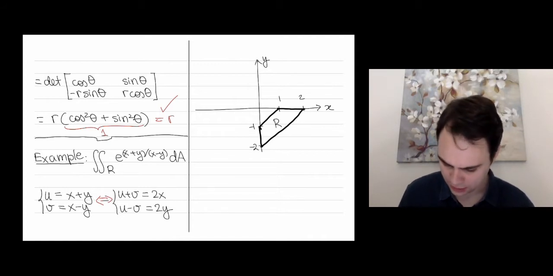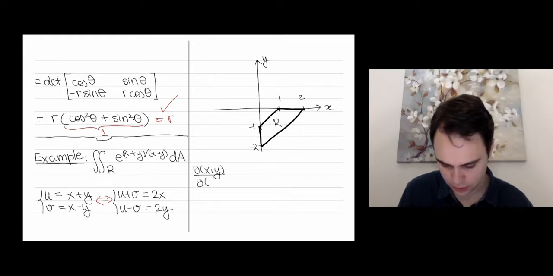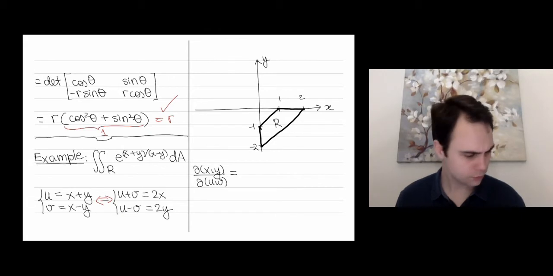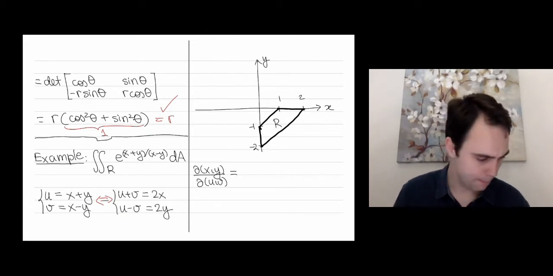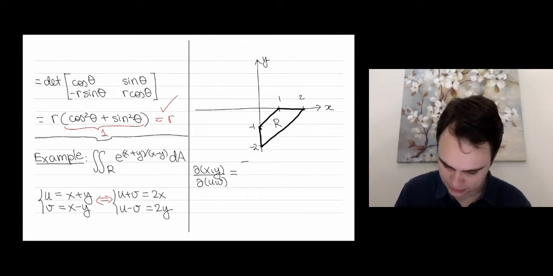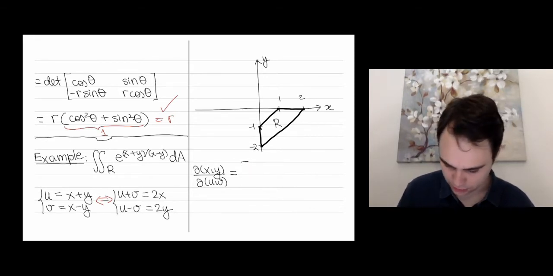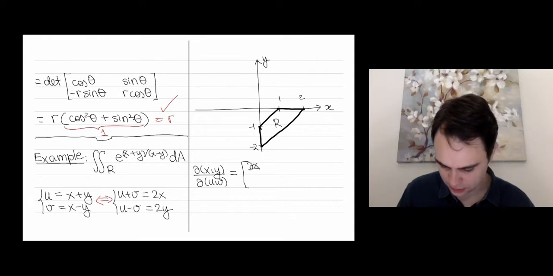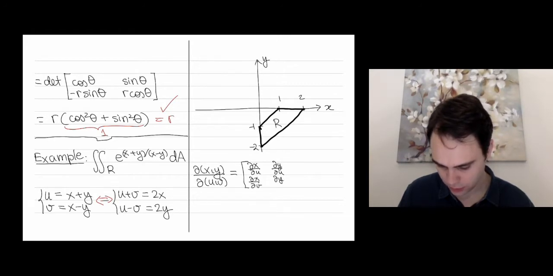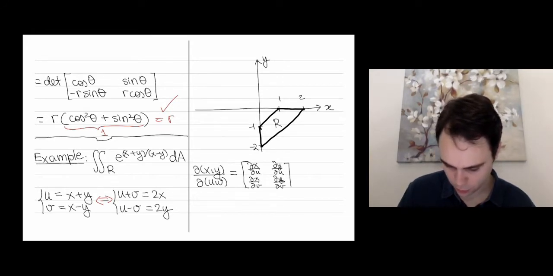So the Jacobian determinant, d(x,y) over d(u,v), is... okay, let me just draw everything. That's dx du, dy du, dx dv, dy dv. Oh, oops! I meant to write the determinant of.